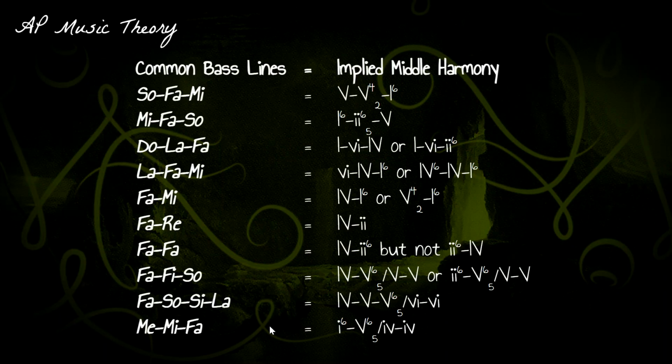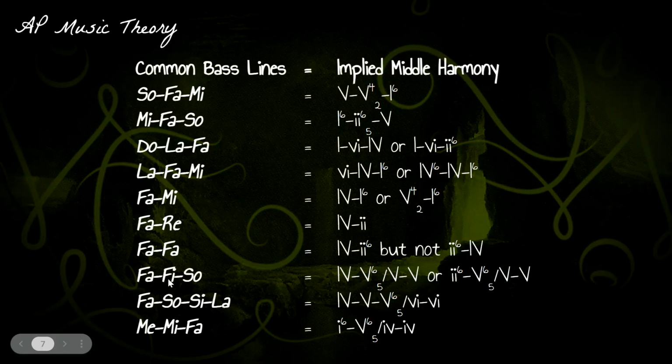We also have common middle phrases, so implied mid-phrase harmonies based on the common bass lines. We have so, fa, mi, we have mi, fa, so, do, la, fa, mi, fa, re, fa, which only occurs when we have the dominant, the subdominant to the supertonic in first inversion, not the other way around.